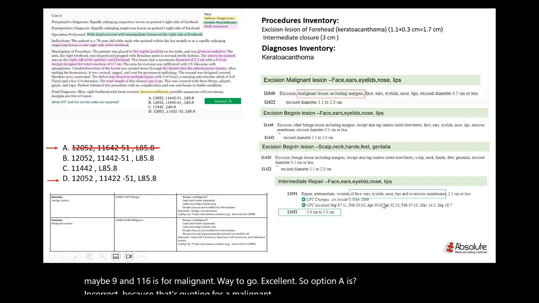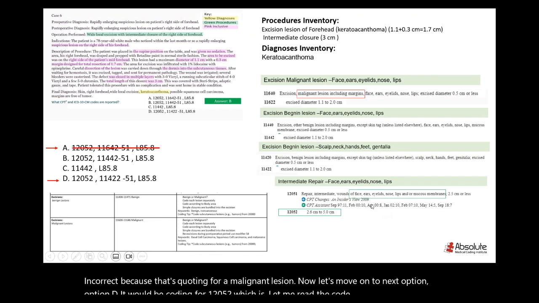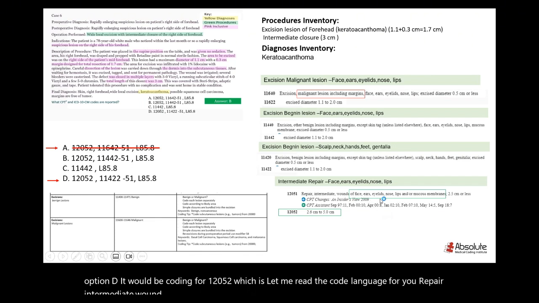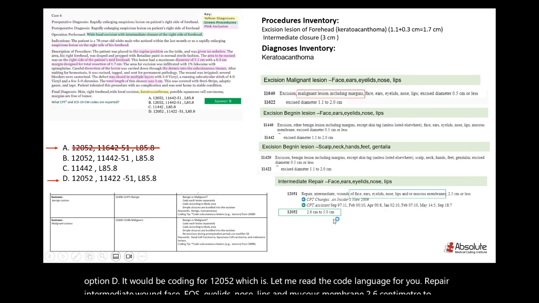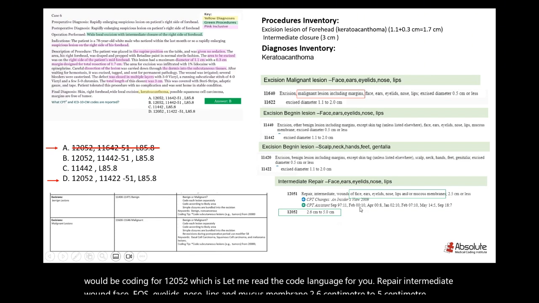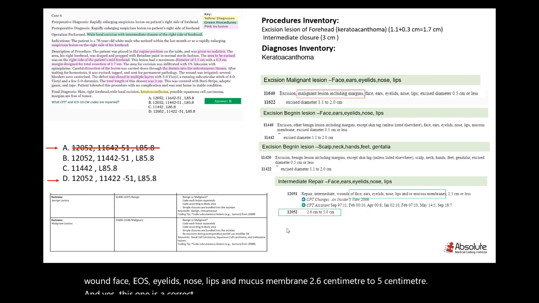Now let's move on to the next option. Option D would be coding for 12052, and let me read the code language for you: repair, intermediate wound, face, ears, eyelids, nose, lips, and mucous membrane, 2.6 centimeters to 5 centimeters. Yes, this one is a correct one because it exactly matches our procedure inventory.